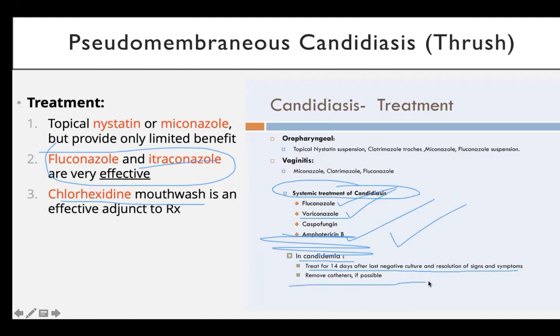And if there is vaginitis, miconazole, clotrimazole, fluconazole. So we have fluconazole, and here you can also give fluconazole. Okay, perfect.